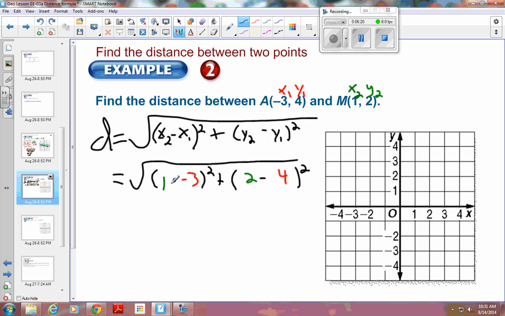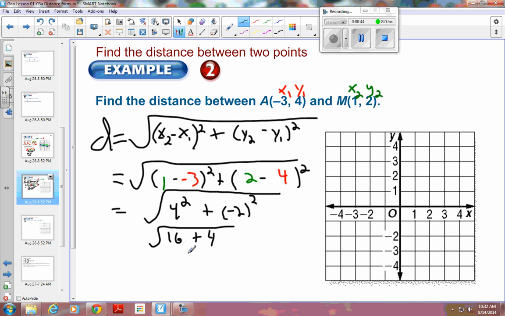Doing the math, 1 minus a negative 3, so that's 1 plus 3. 1 plus 3 is 4, so that's 4 squared. And 2 minus 4 is negative 2, and I'm going to square negative 2. And all of that's supposed to be square rooted. So that becomes 16 plus 4 square rooted, which is equal to the square root of 20.